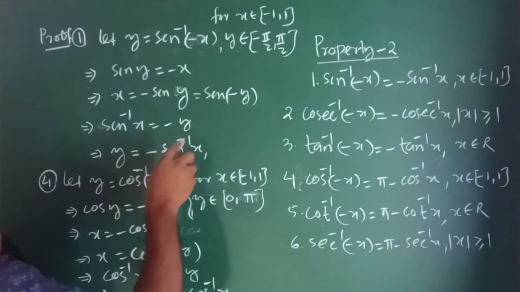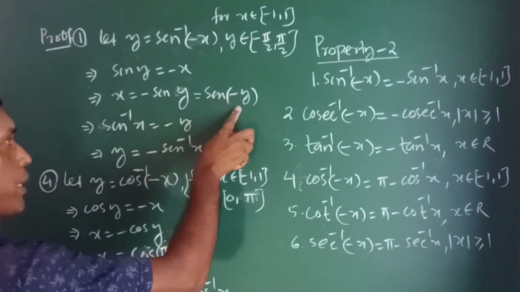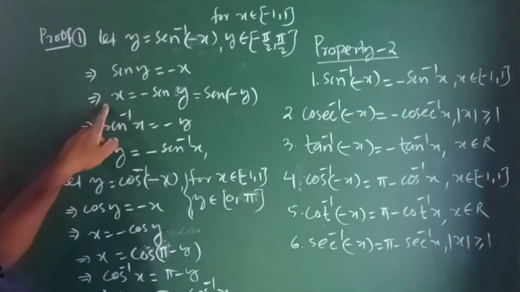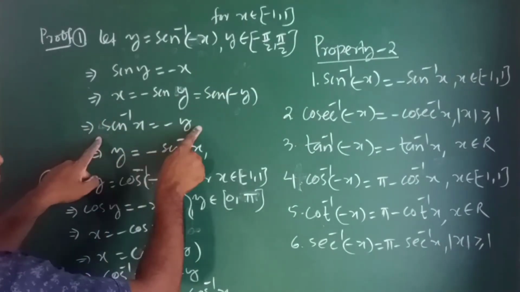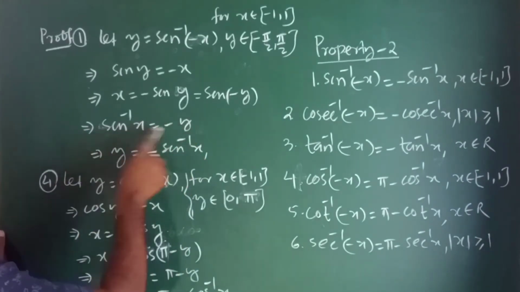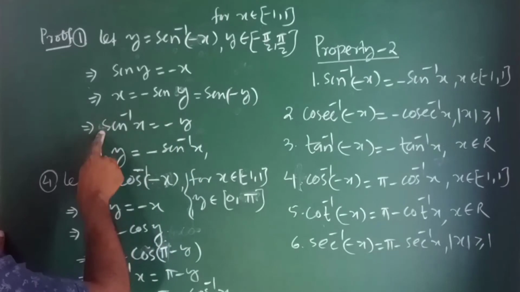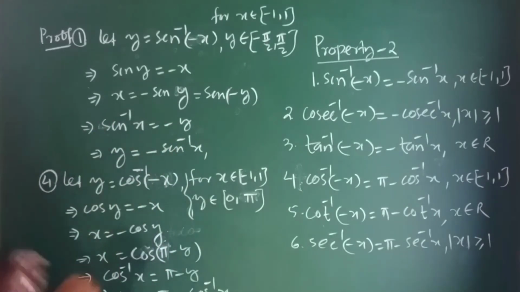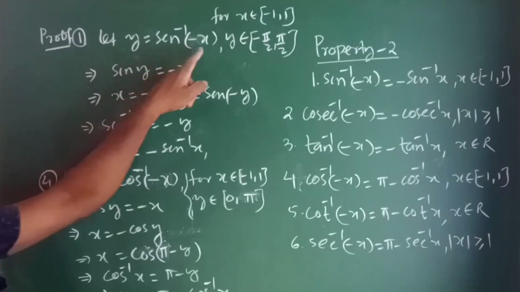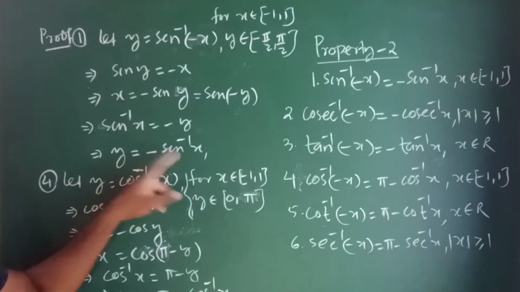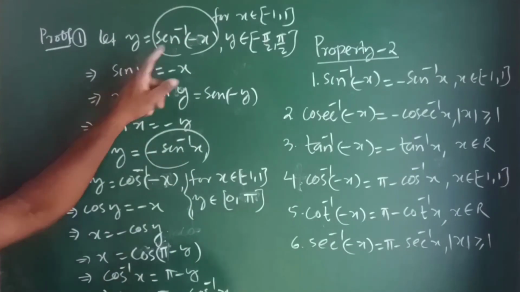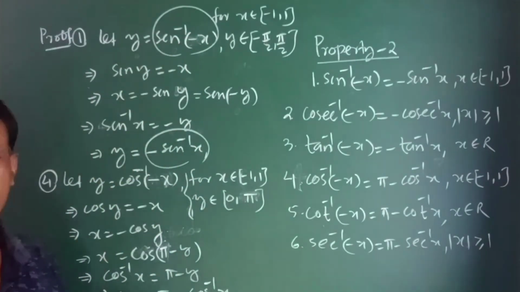And look here, x is equal to sin of minus y, then minus y is equal to sin inverse x. If sin inverse x is minus y, then multiplying by minus 1 on both sides, y is equal to minus sin inverse x. So what we find: y is sin inverse minus x, and y is minus sin inverse x. So these two are equal. Sin inverse minus x is minus sin inverse x.